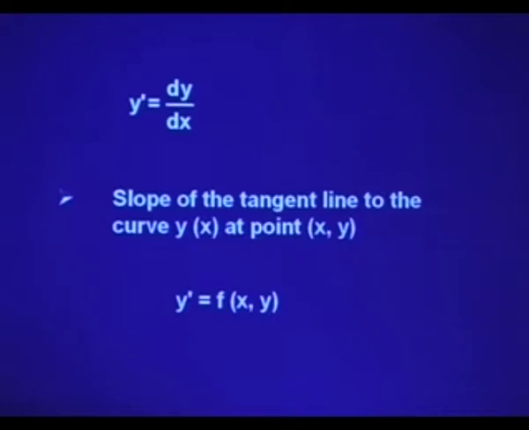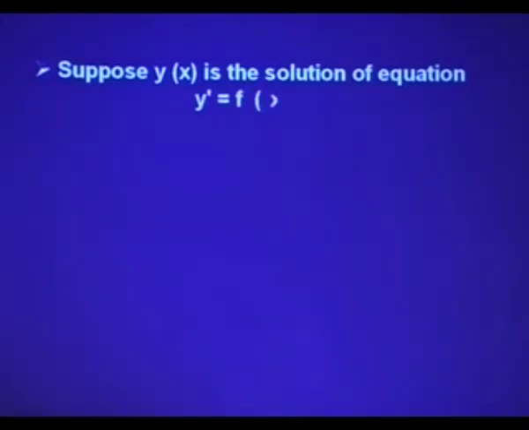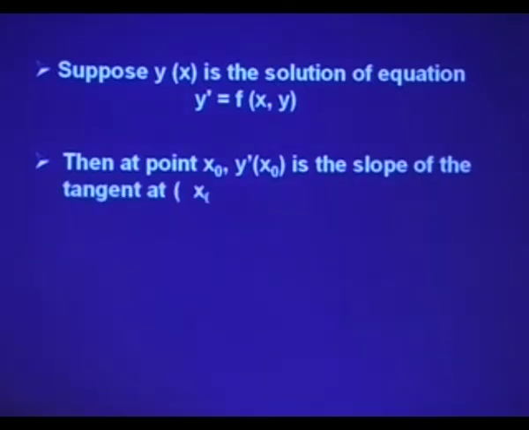Let me explain more clearly how this idea gives us something about the solution of this equation. Suppose y of x is the solution of the differential equation y dash is equal to f of x, y. Then at the point x naught, y dash of x naught will give me the slope of the tangent at the point x naught, y naught.